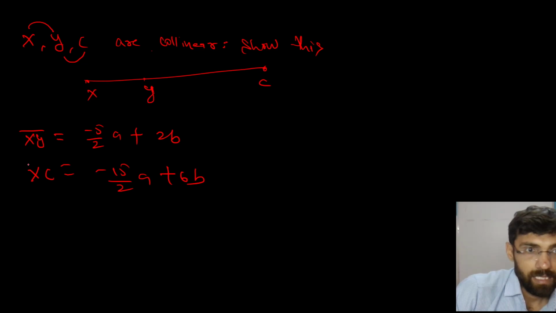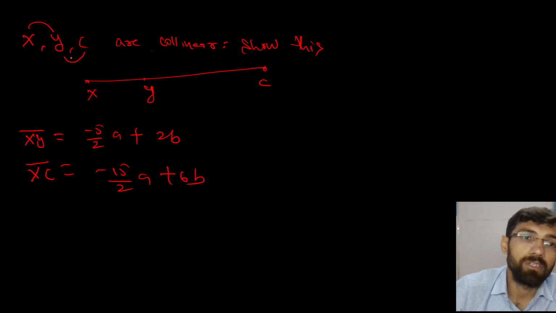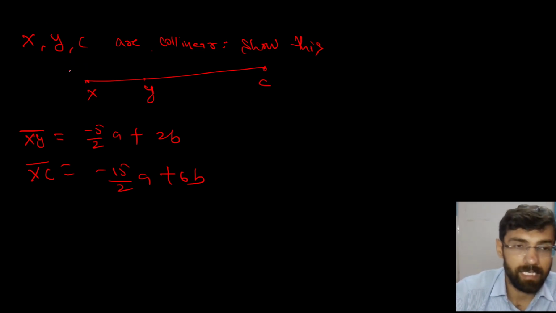Whenever we have to check whether points are collinear, you can make any two vectors out of these three points. Like XY, we are making one vector as XY, and the next is XC. That's totally okay.